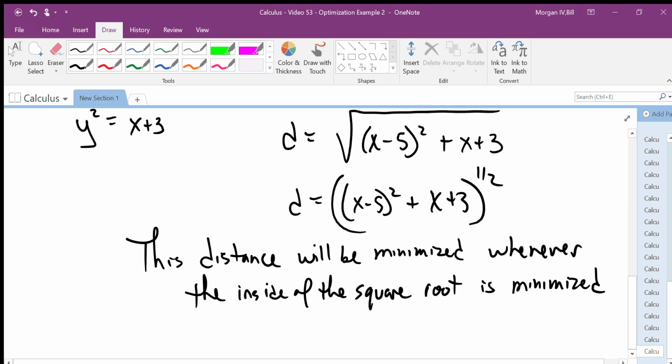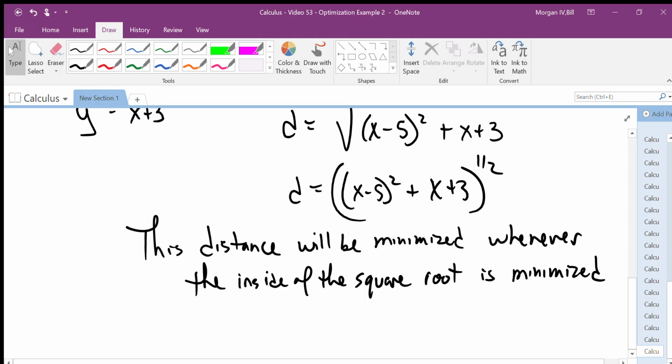Okay? The distance will be minimized whenever the inside of the square root is minimized.